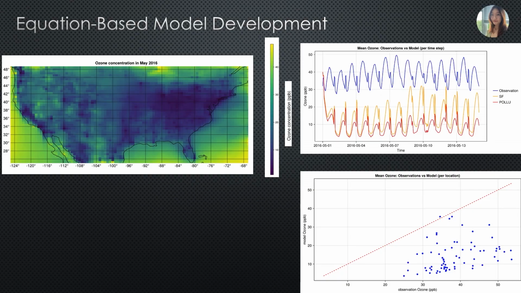The blue line is the observed, actual measurements of ozone at ground level, and the red and orange lines are model predictions. Our model is under-predicting at this point, but we're working on it. I think at this point it could actually be used in certain applications that are not too dependent on accuracy.